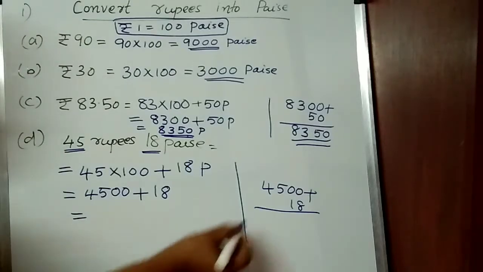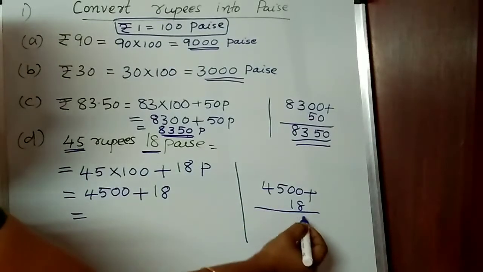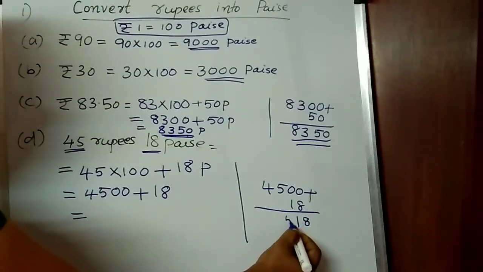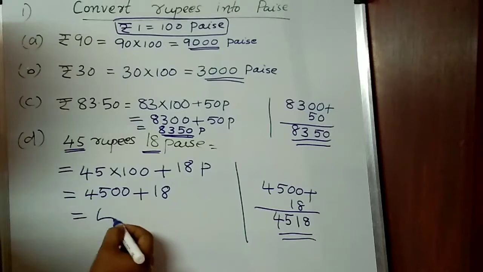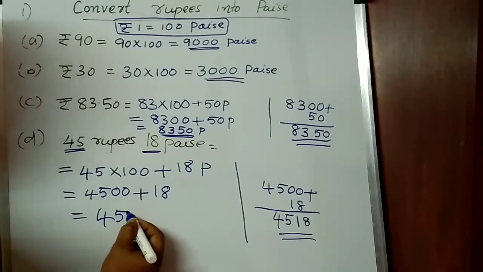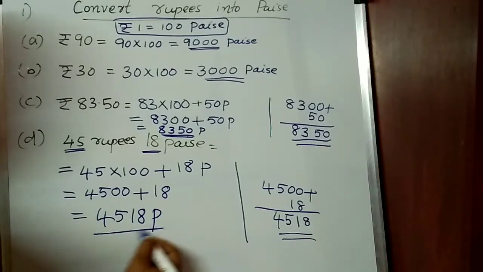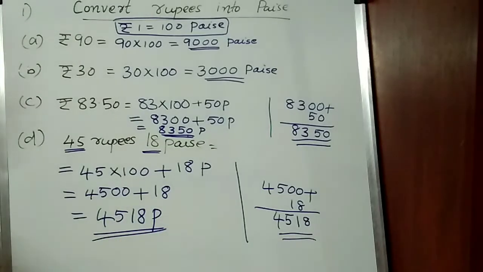This way you arrange numbers for addition. 0 plus 8 is 8. 0 plus 1 is 1. 5, 4. So how many paise? 4518 paise. This way you convert rupees into paise.